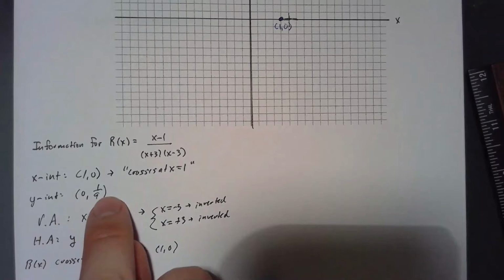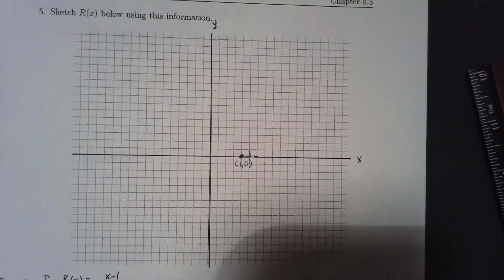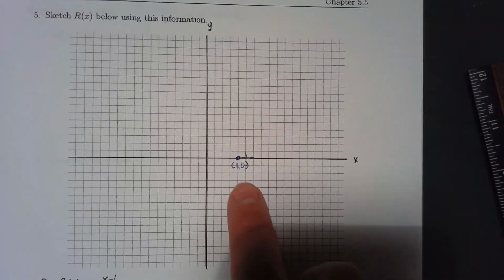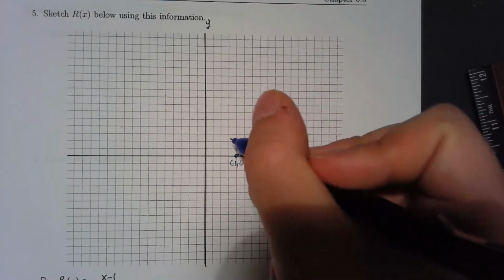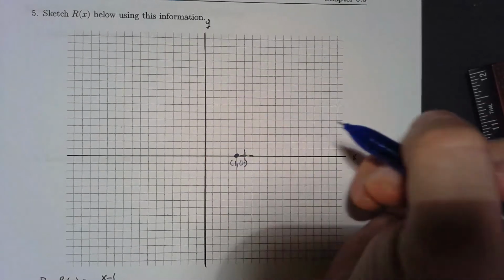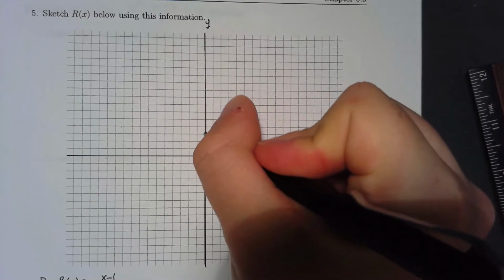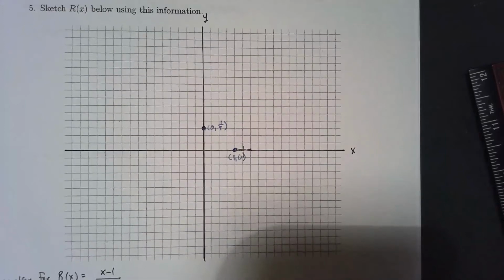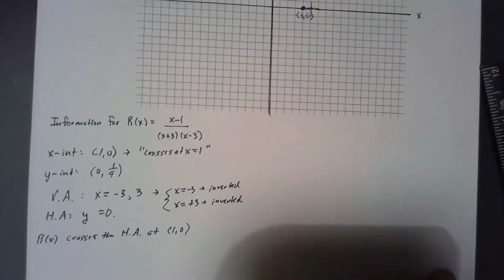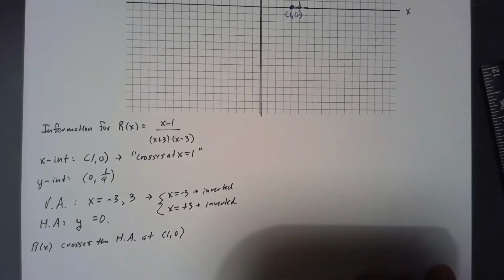The y-intercept 0, 1/9. I could put that there. 0, 1/9. All right. So those are my intercepts.